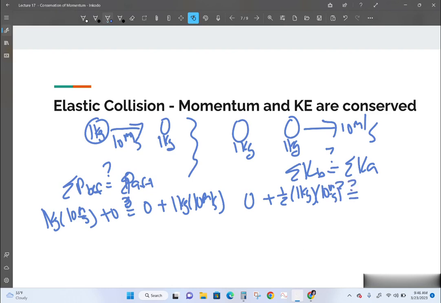That equals 0 plus 1/2 of 1 times 10 squared. If I do that, that will be 0.5 times 100, or 50 joules, equals 50 joules. So yes, this is an elastic collision.